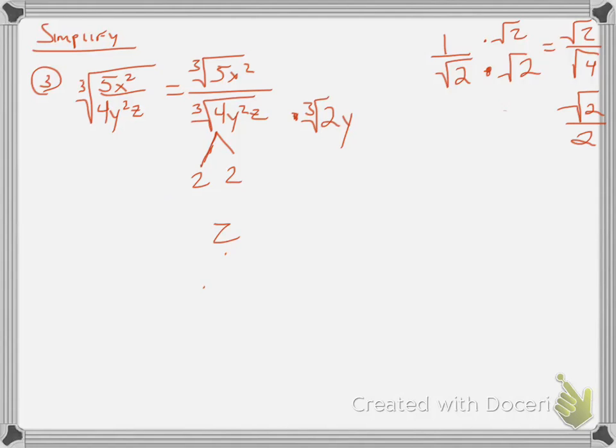But I need to make that's the cube root of z right now. But I need that to become the cube root of z cubed, because then one z is going to come out of the radical. There's not going to be any left on the inside. So to make that z cubed, I need to multiply by z squared. Okay, and then that would make 3 z's.